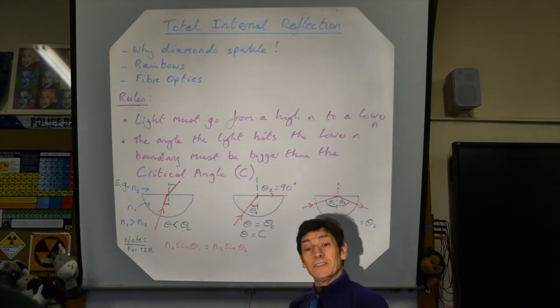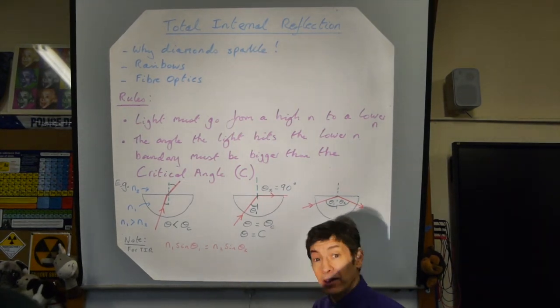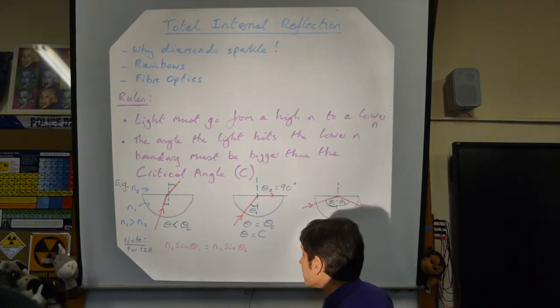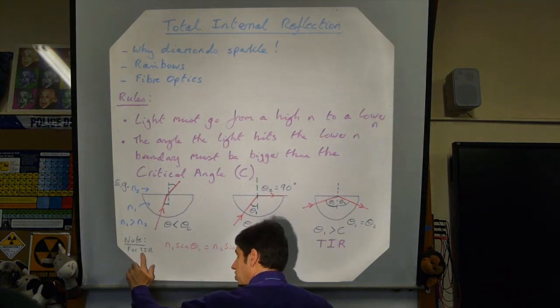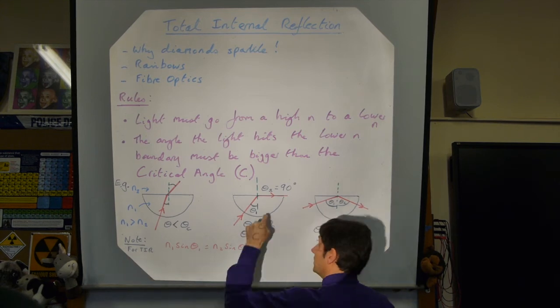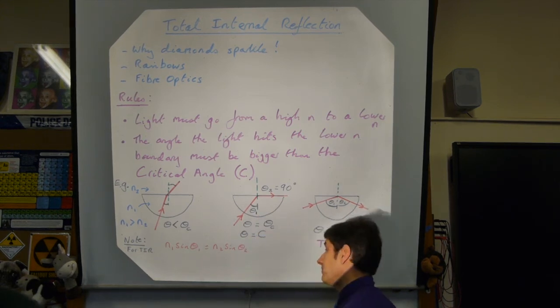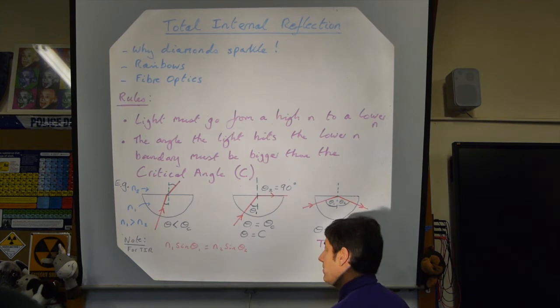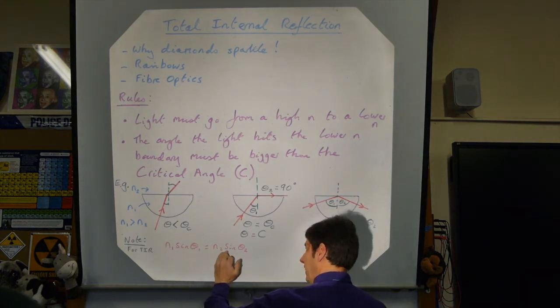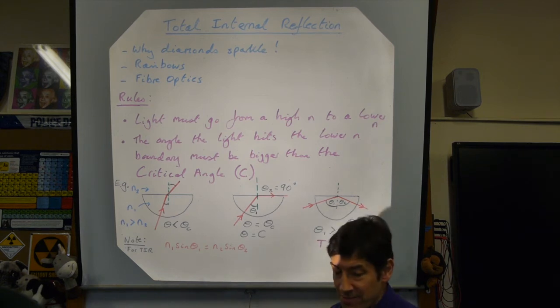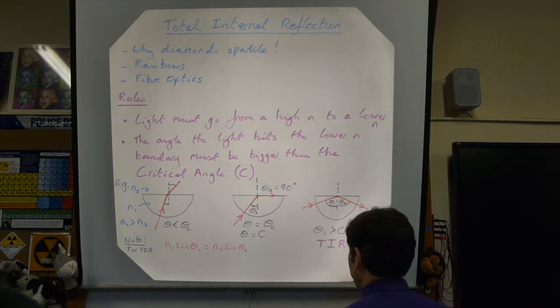But just before we finish this bit on the critical angle, I'd like to show you something quite clever. I'm going to look at the special case where we just get total internal reflection. So I'm homing in on this diagram here. Now we remember Snell's equation, n1 sine theta 1 is equal to n2 sine theta 2. But there's something really interesting happening here.